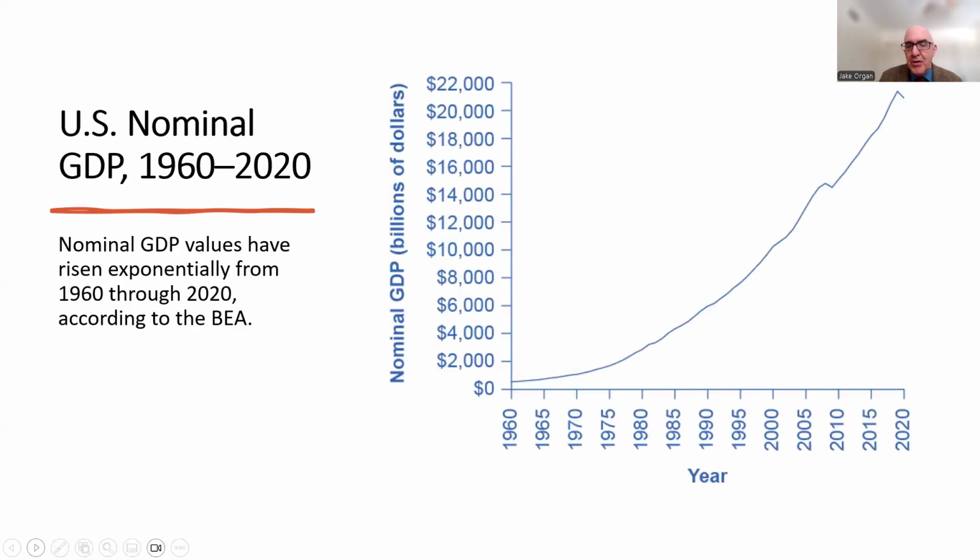And so nominal GDP, as we'll see, has been, say, for example, in 1970, the size of the US economy was like 2 trillion. Now it's 22 trillion. Now, is the economy in 2020 11 times the size of the economy in 1970?